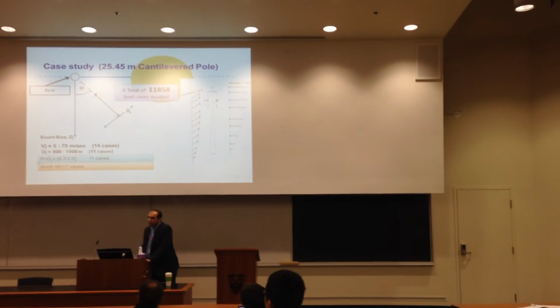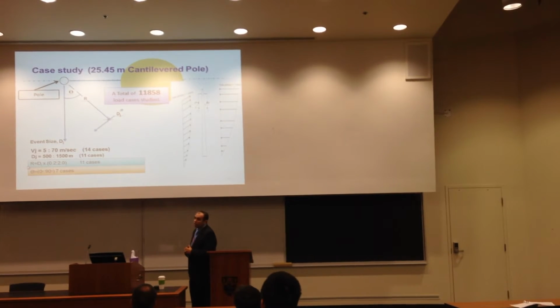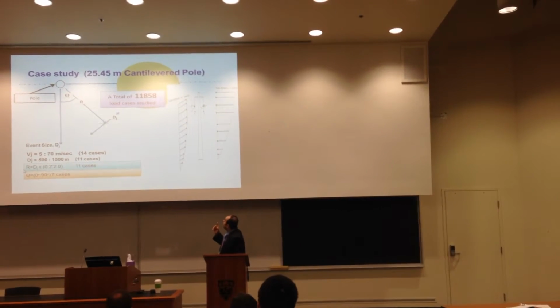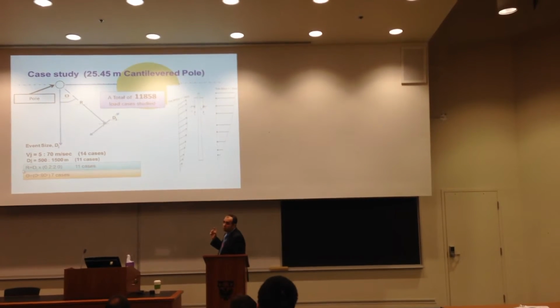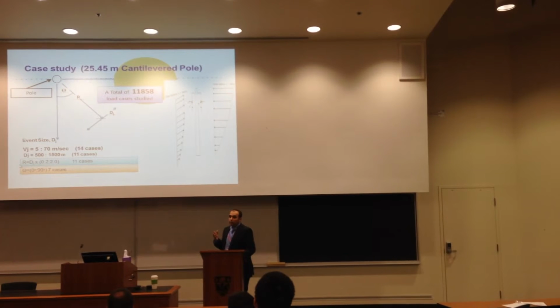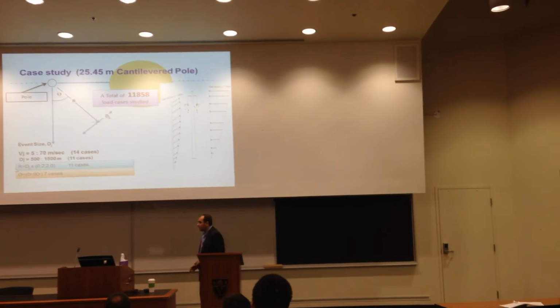A total number of 11,158 cases were studied. In each case, we calculate the forces on the conductors, the forces in X and Y directions on the pole, the maximum bending moment acting on the pole, and the top deflection.